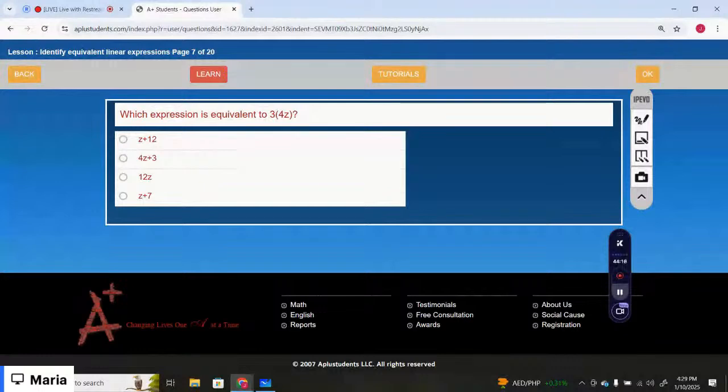Which expression is equivalent to 3 times 4z? So which is the correct option?